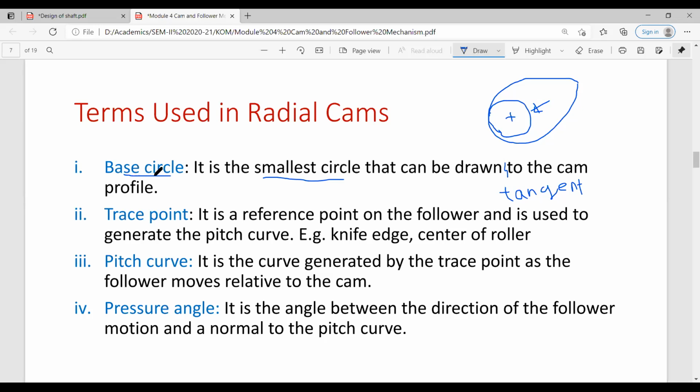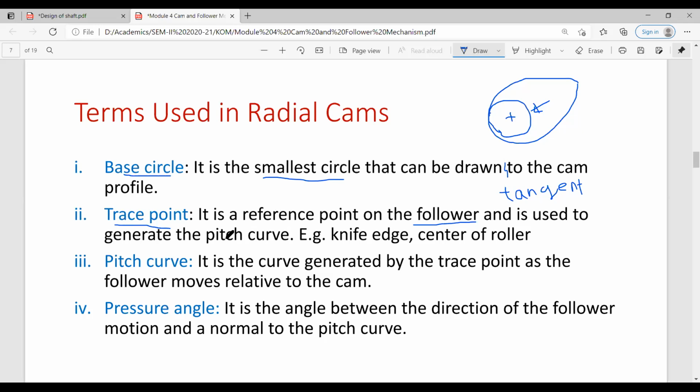So base circle. Next is your trace point. What does its definition say? It is a reference point on the follower. It is any point on the follower. It is used to generate the pitch curve.